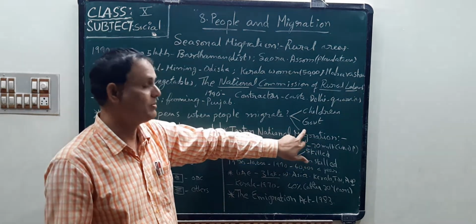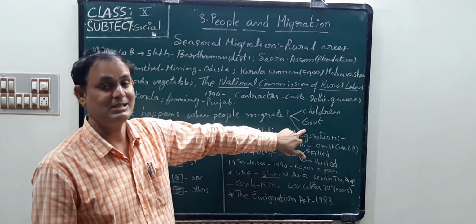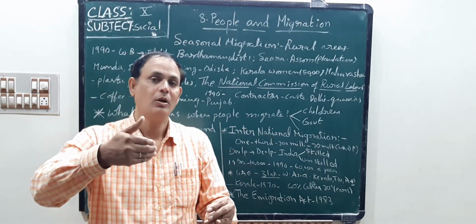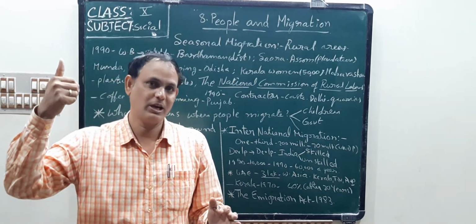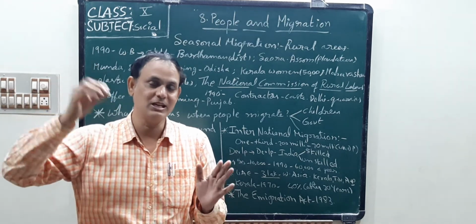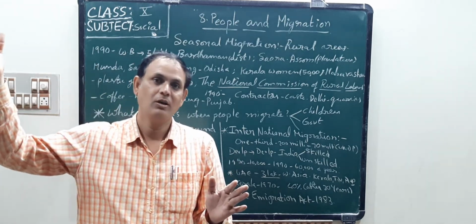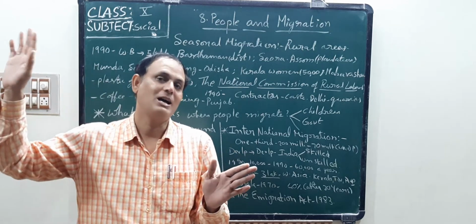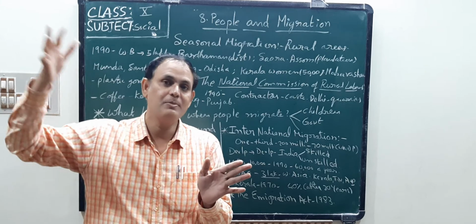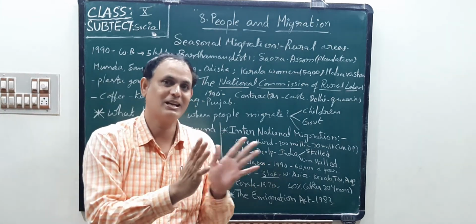Next, another benefit is remittance. What does remittance mean? Actually people migrate for better jobs. So they will earn more money in other places. That is why they are moving from their hometown to other places. When they work, they send some remittance to the mother country.